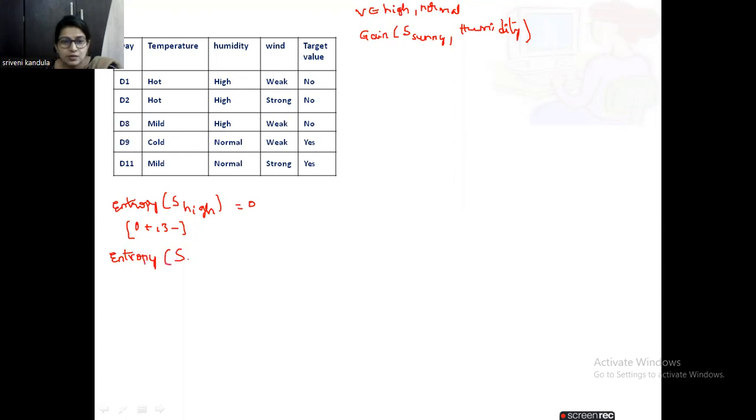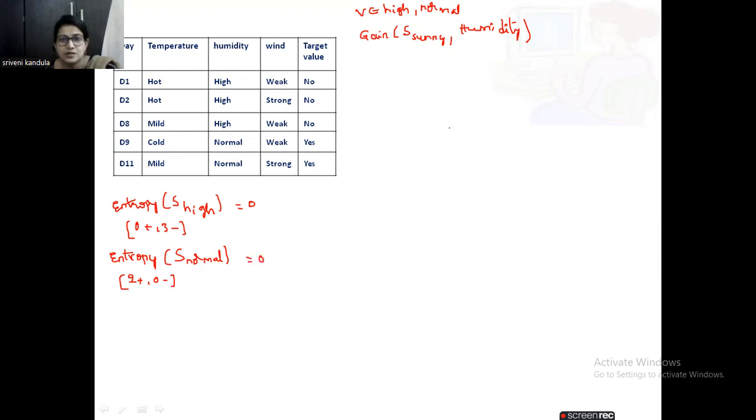And entropy of S normal. With normal, we have two positive examples and 0 negative examples. Once again, what will be its entropy? Entropy value is 0.